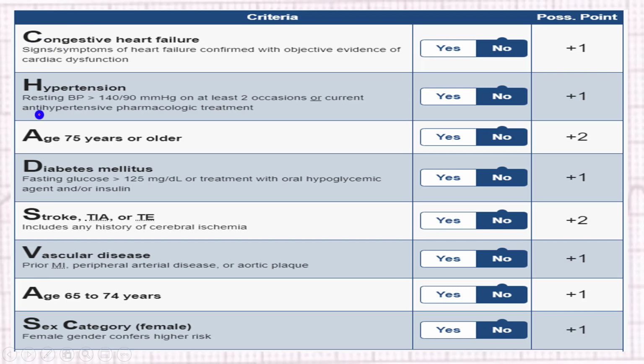The score is formed of: congestive heart failure, 1; hypertension, 1; age more than 75, plus 2; diabetes, plus 1; stroke or TIA, plus 2; vascular disease, plus 1; and age from 65 to 74, plus 1. The sixth category, female sex, is plus 1.